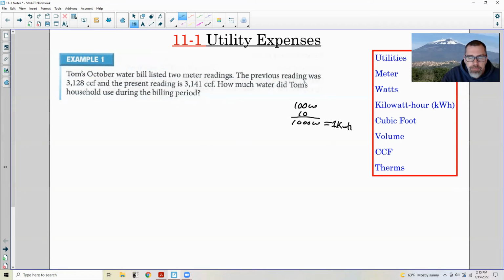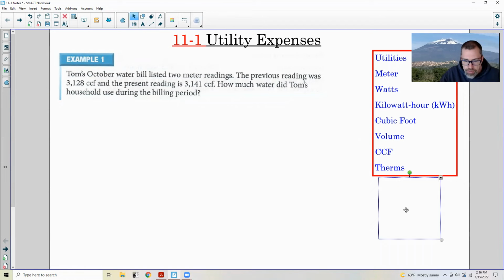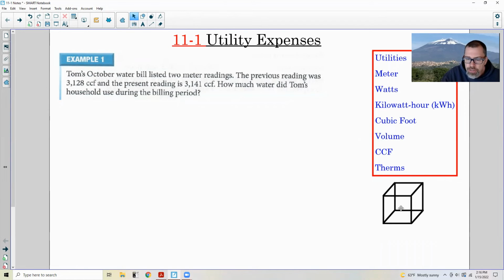Okay, does that make sense? A 100 watt bulb burning for 10 hours equals 1,000 watt hours, so it would be a kilowatt hour. All right. Cubic foot, well, that's just simply a volume measurement. So here's a cube.